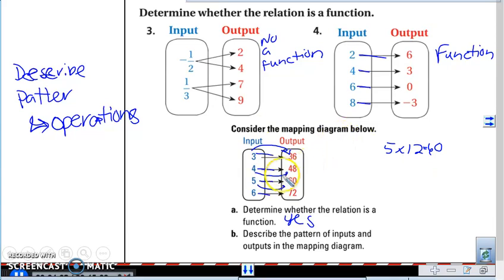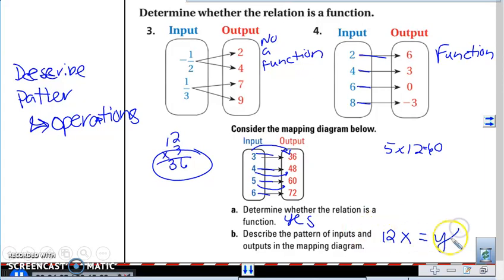I gotta start somewhere, so let's start there. 3 times 12. 3 times 2 is 6. 3 times 1 is 3. Sweet, my first guess just happened to be the first one. So describe the input. You multiply the input, so it's going to say 12 times x equals output y. That's the description. Or you could say y equals 12x.